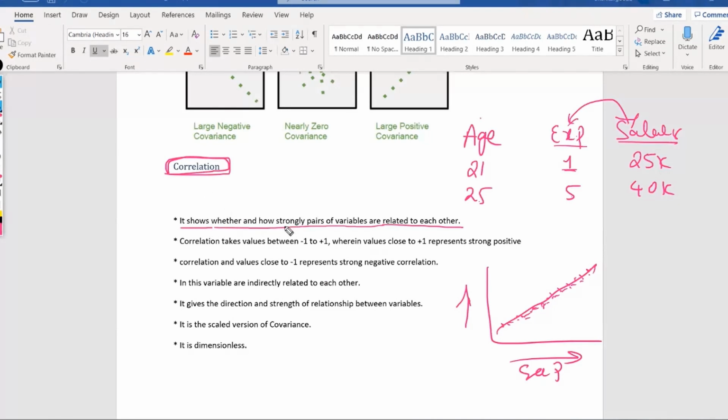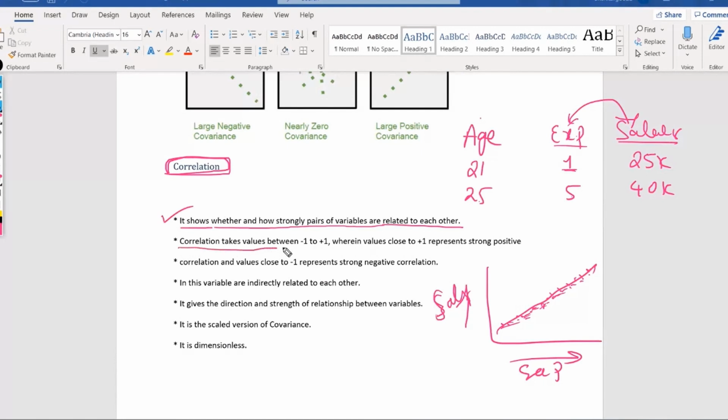It shows whether and how strongly pairs of variables are related to each other. First of all, it will find whether there is a relation or not, and if there is, how strong it is. In this case, experience versus salary, they are very strongly related. That is what this point says.